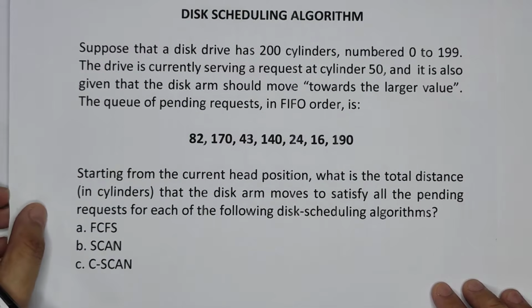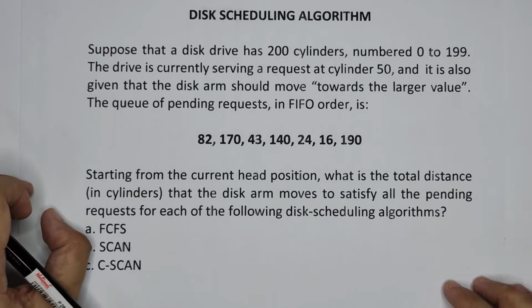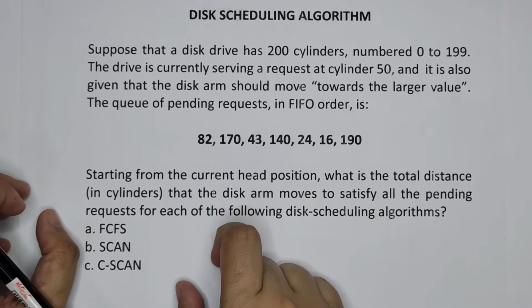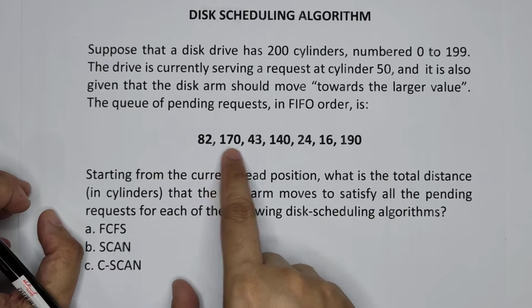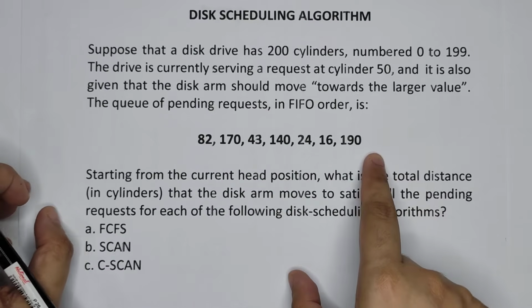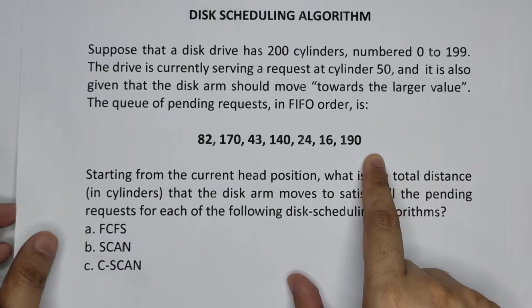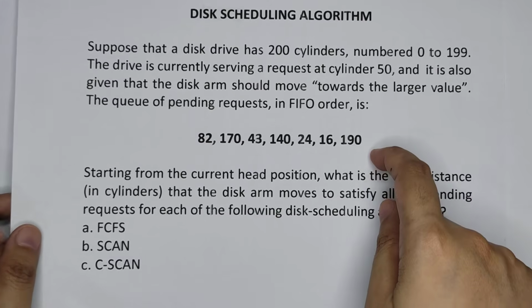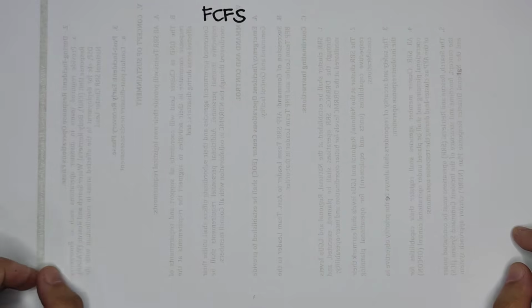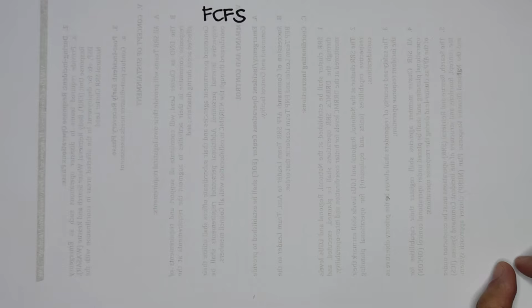Whatever the sequence, we're going to follow the sequence. Actually, FCFS is very easy because we're just going to follow the sequence of the cylinders as listed. But before that, let's create a sort of number line that will show the cylinders.